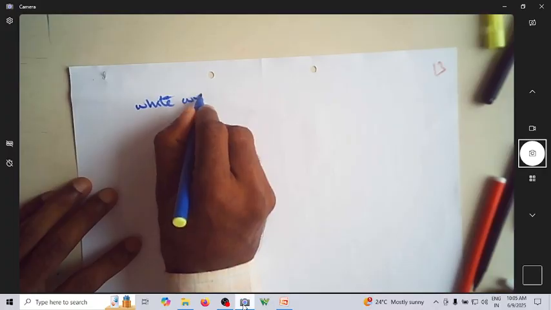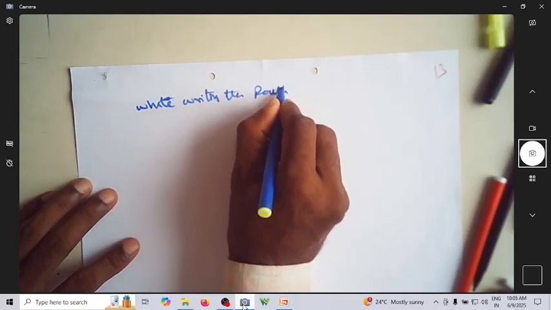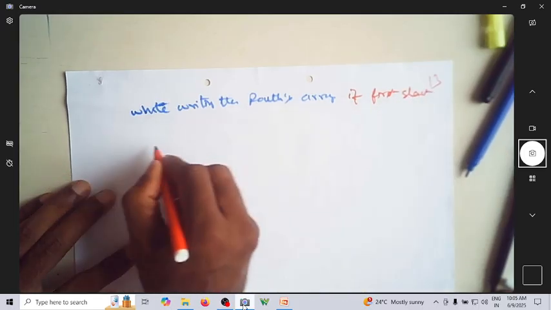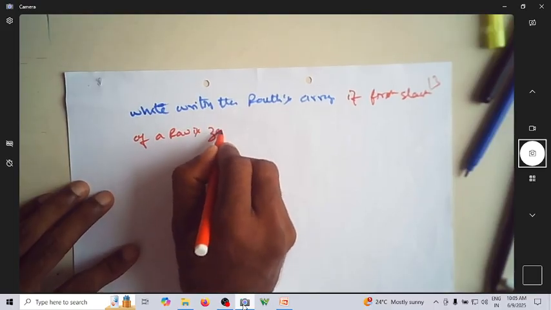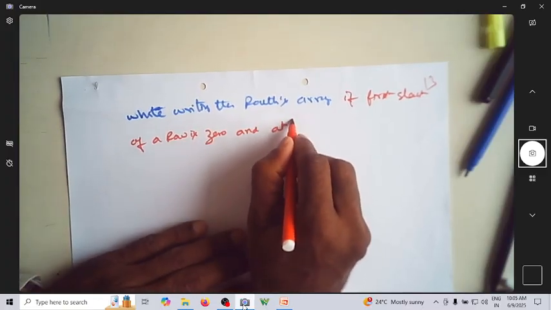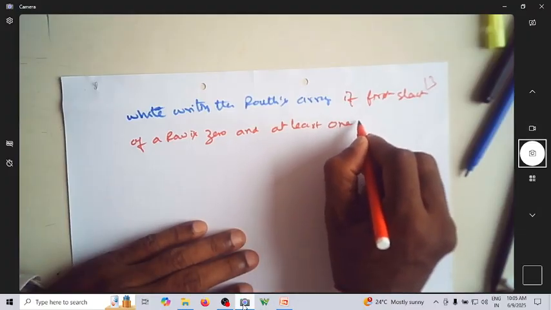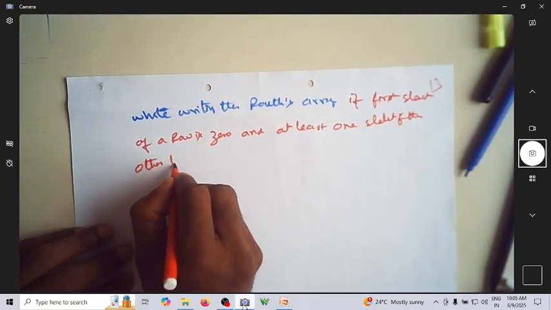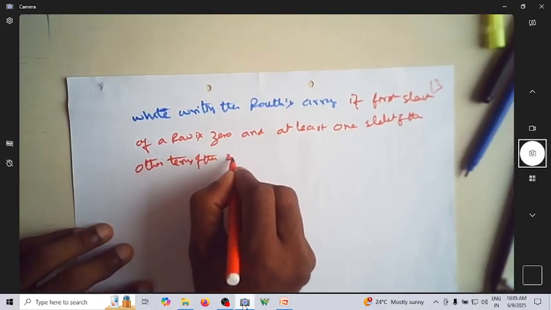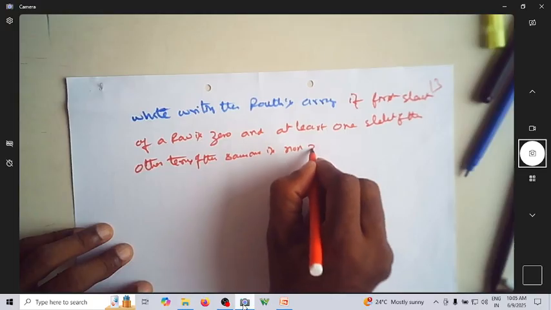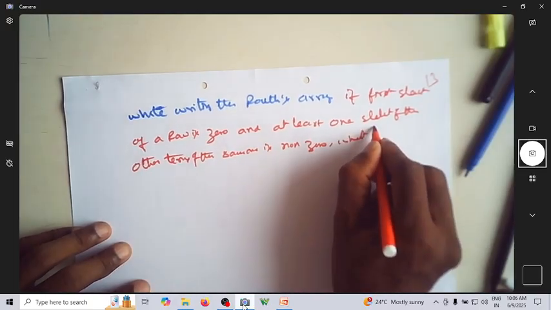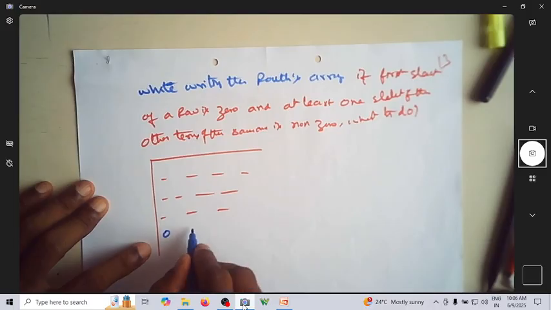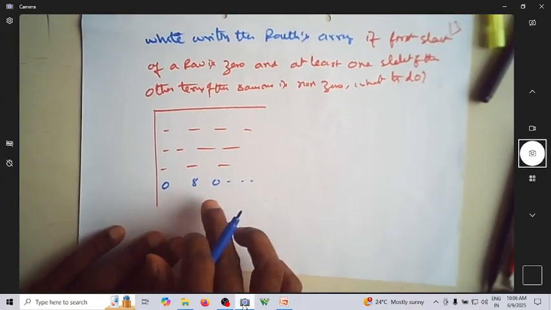While writing the Routh's array, if the first element of a row is 0 and at least one element of the other terms of the same row is non-zero, what to do? Meaning, assume that you have some rows written. Assume that you end up with something like a 0, then 8 and then 0, something like this. Suppose you end up with this. In such a case, what do you do?